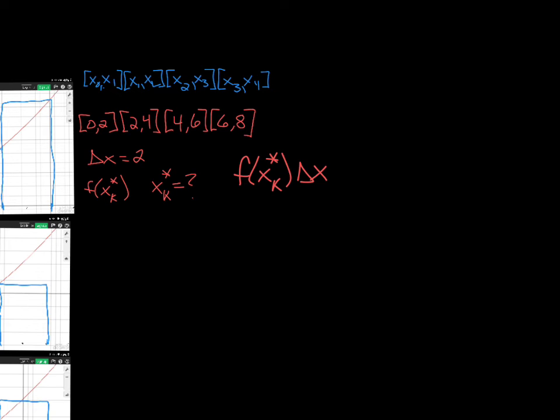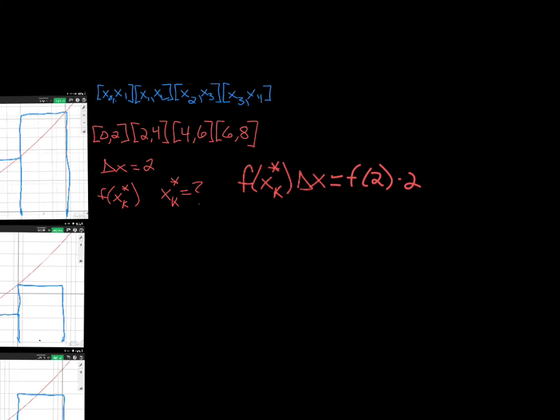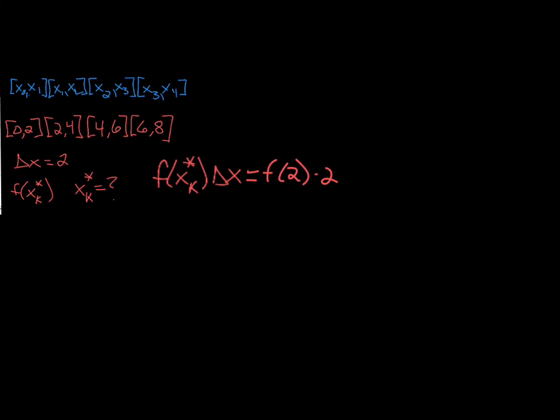Right, so then our height would be, all right, so then how are we finding this height? Right, this is the right Riemann sum, so then it's going to be f of 2 times the width. Why? Because we're using the right-hand grid point. Plus f of 4 times the height. Plus f of 6 times the height.